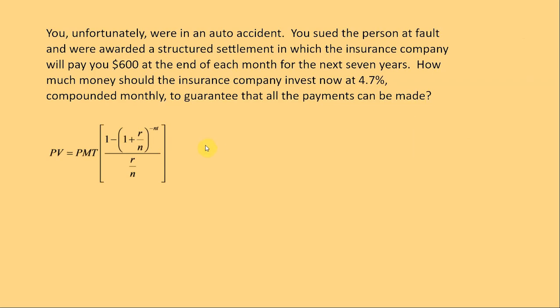Okay, so we're trying to find the present value, and it says that their payments are going to be $600 times 1 minus 1 plus our rate changed to a decimal would be 0.047.